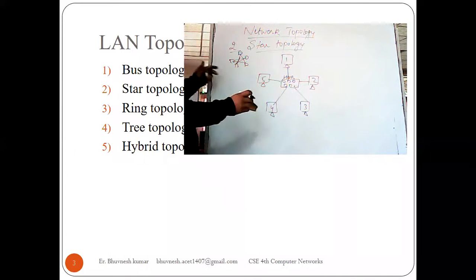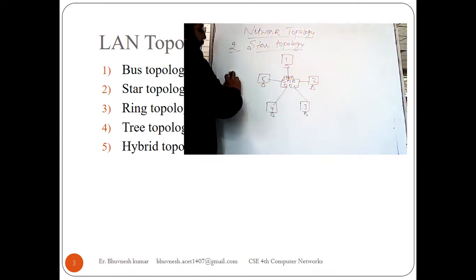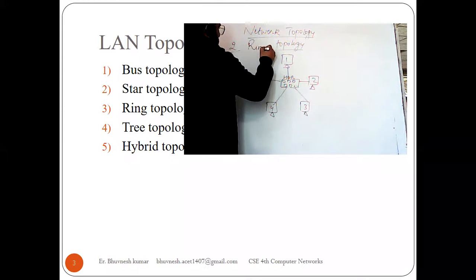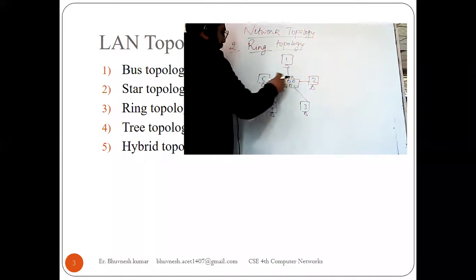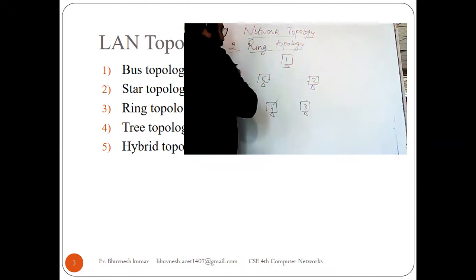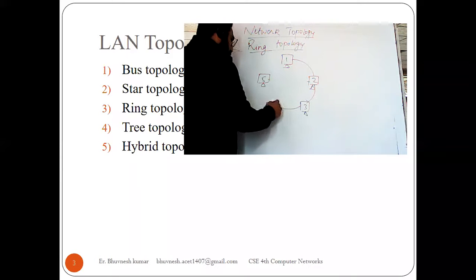Further advantages and disadvantages we will study in our presentation. And the next topology is your ring topology. In a ring, the PCs are connected in the form of a ring.